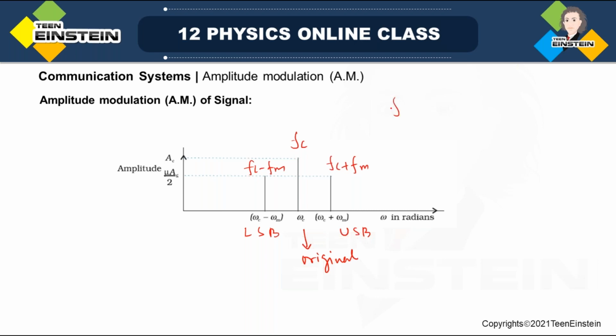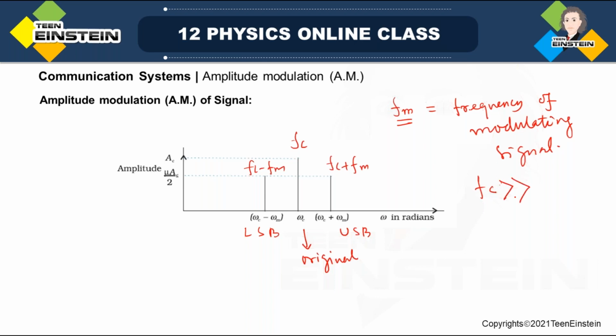This fm is the frequency of the message signal, or modulating signal. We had already shown that fc is much greater than fm.